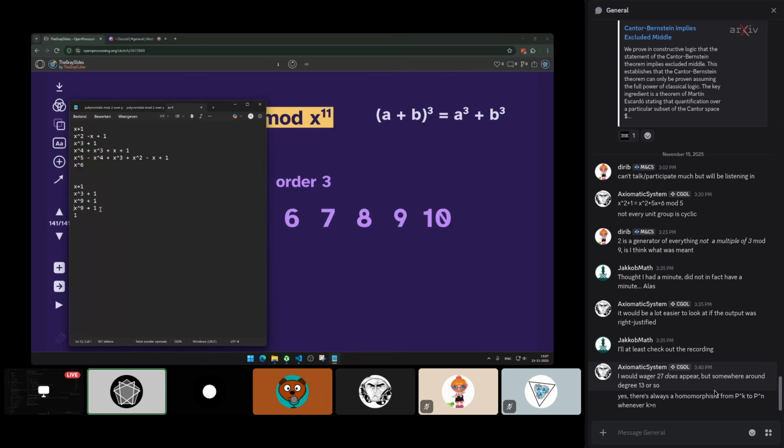We could skip ahead. So this 18 is going to be x to the 18 minus x to the 9 plus 1. And 6 is going to be x to the 6 minus x cubed plus 1. So then 24 is going to be the product of these.